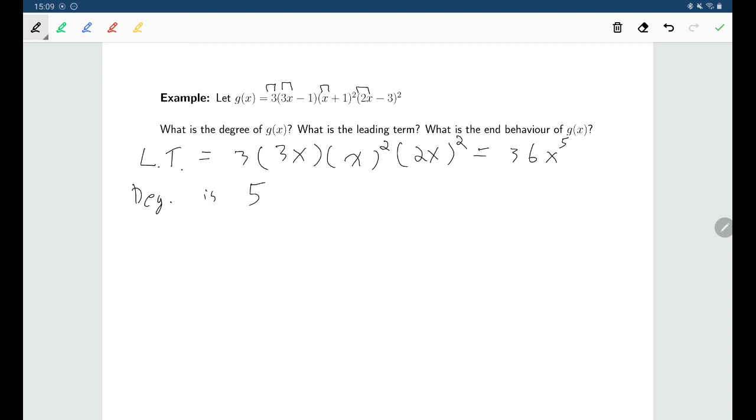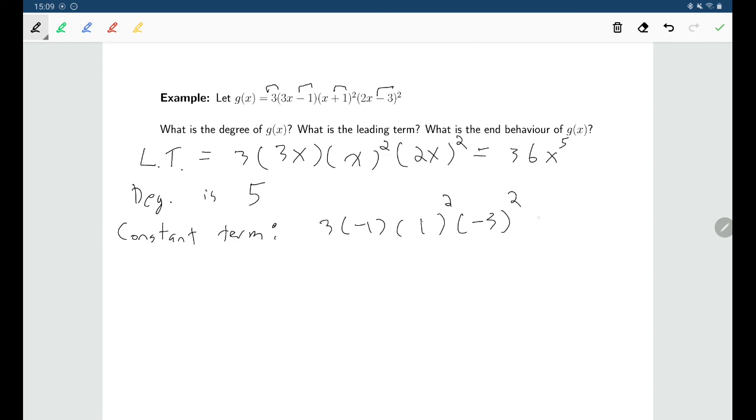While I'm here, just to mention the constant term, I didn't ask for it, but I could ask for it. Constant term we'd find by multiplying all of our constant terms for each of our factors together. So that would be the 3, the negative 1, the positive 1, and the negative 3. And of course, the positive 1 was from x plus 1 squared, so that constant term is squared. 2x minus 3, the constant term is minus 3, and 2x minus 3 is squared.